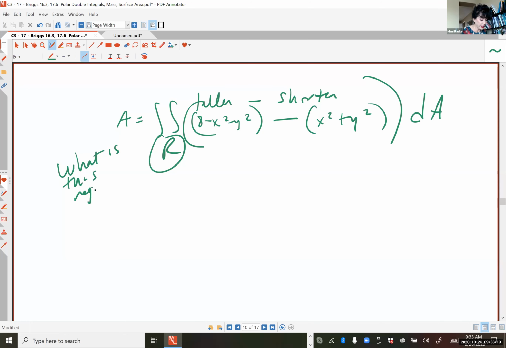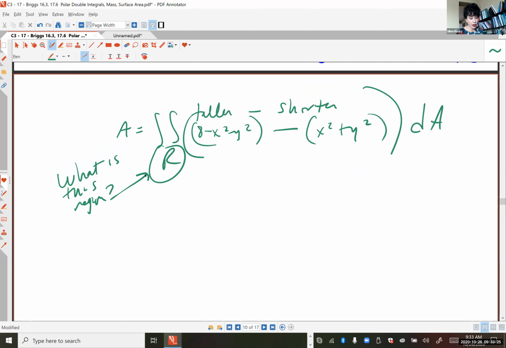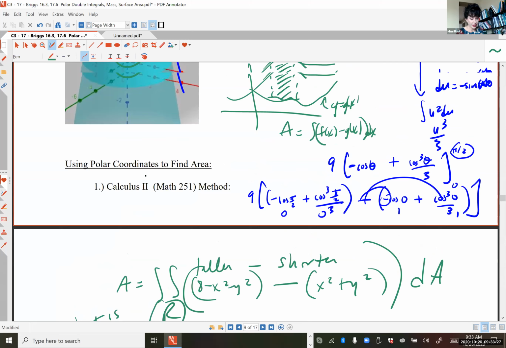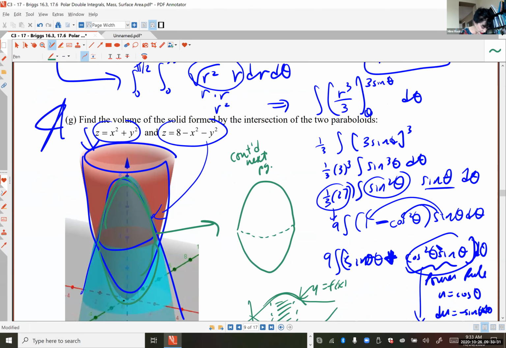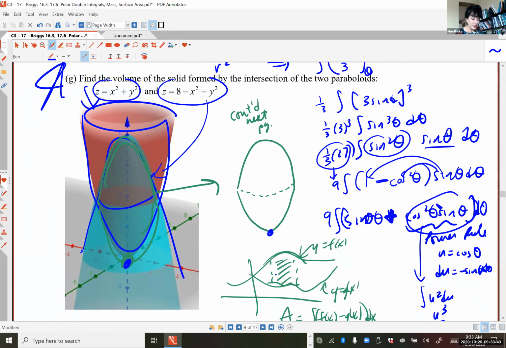Because all these other examples that we've been doing had a flat region, flat on the xy plane, and I'm sorry, but this beautiful solid just barely grazes the xy plane. Like if you look down here, this dot where it's tangent to the xy plane, does that mean our region is 0? It's just that little vertex down there? No. So here's how you're going to figure it out.